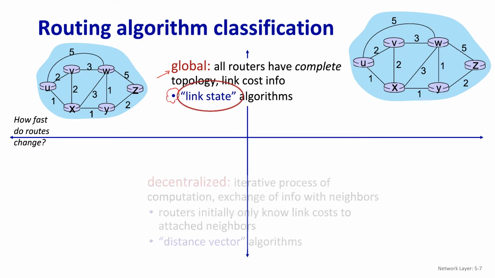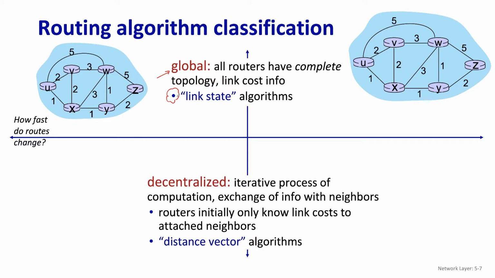The other type is the distance vector, which means at the start, the router will be aware of the neighbors only, and then it learns more in an iterative way.